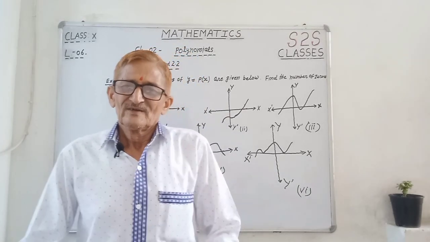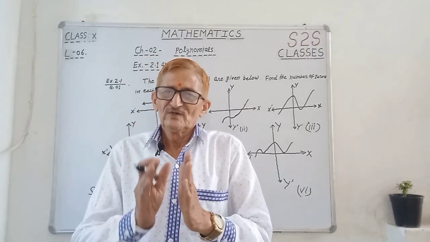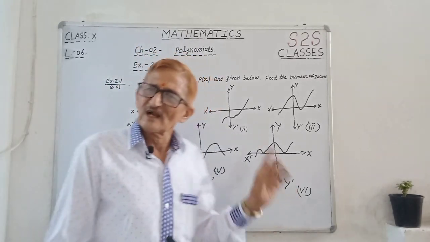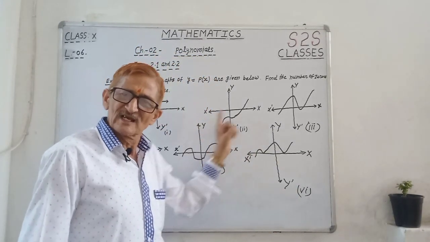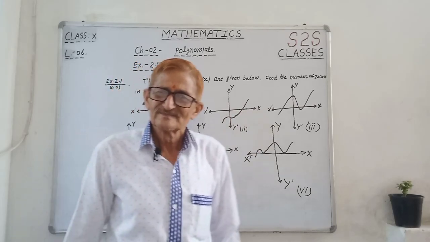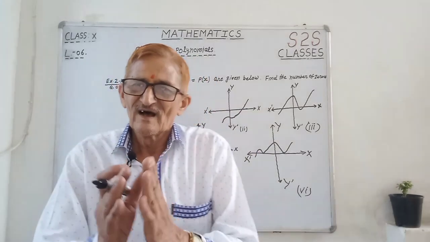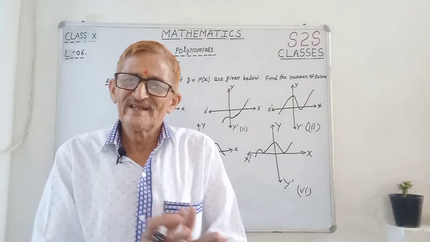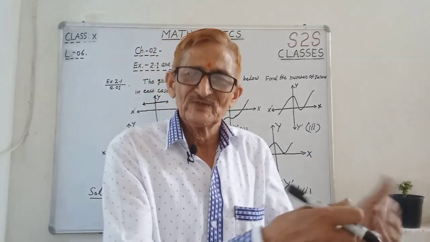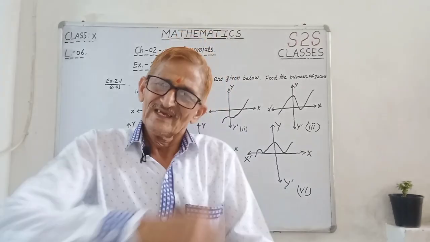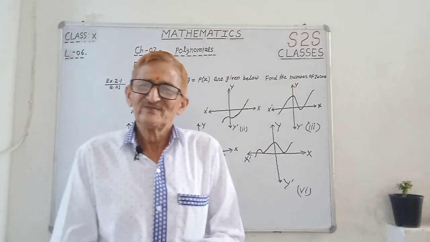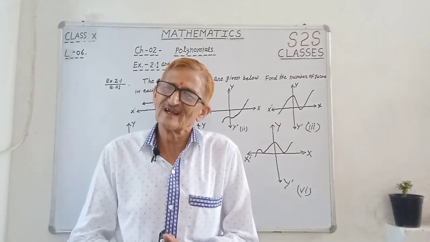Okay, understand this thing. The polynomial value is called the y. Y is equal to p(x). So then y is 0 for any value of x. If y is 0 means p(x) is 0, then we are saying that value of x is called the zero.